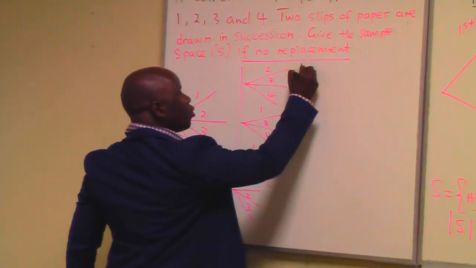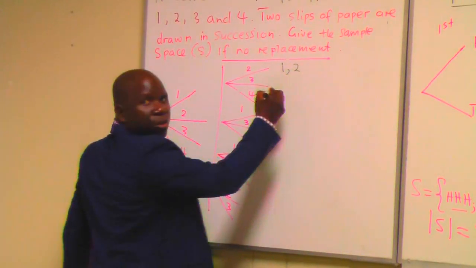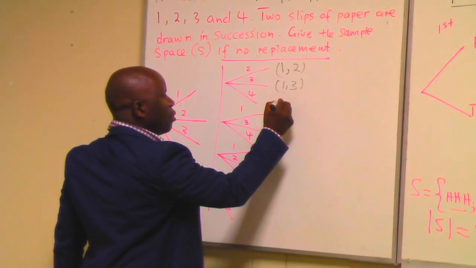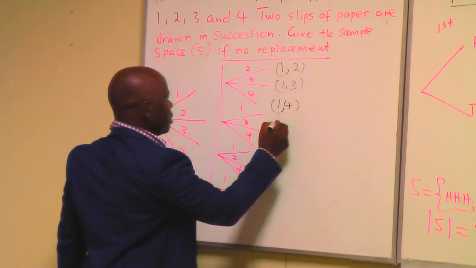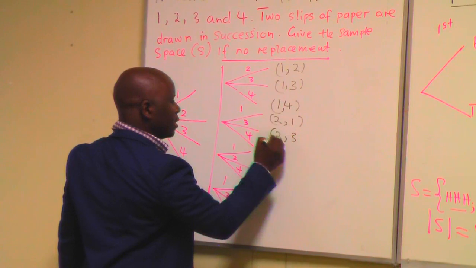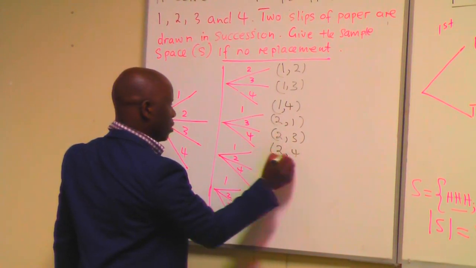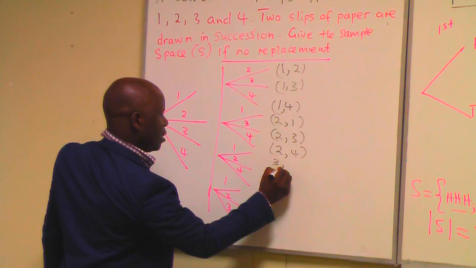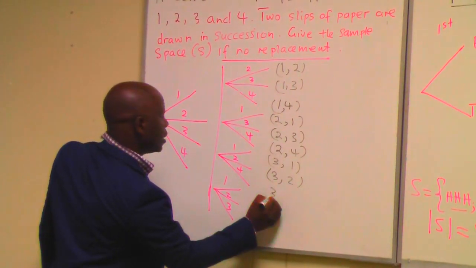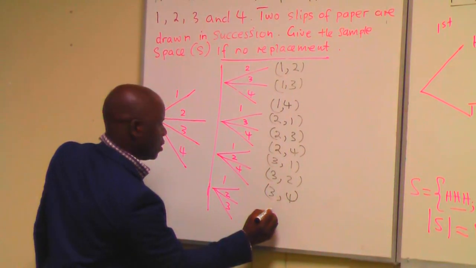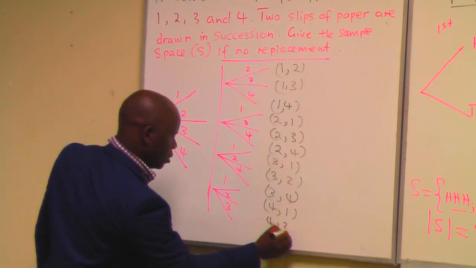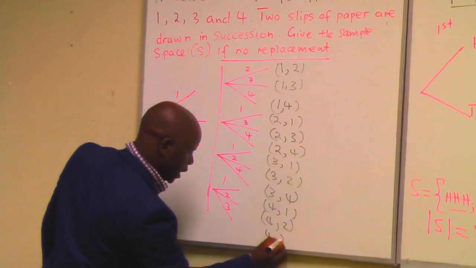The sample space is 1,2; 1,3; 1,4; 2,1; 2,3; 2,4; 3,1; 3,2; 3,4; 4,1; 4,2; and finally 4,3.